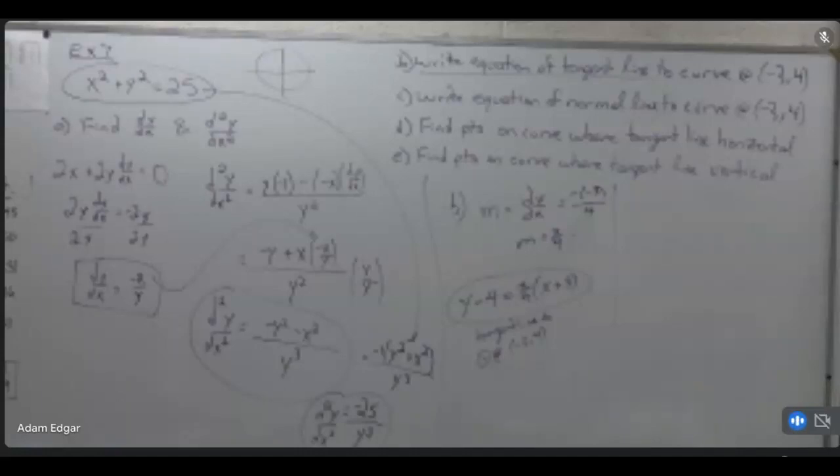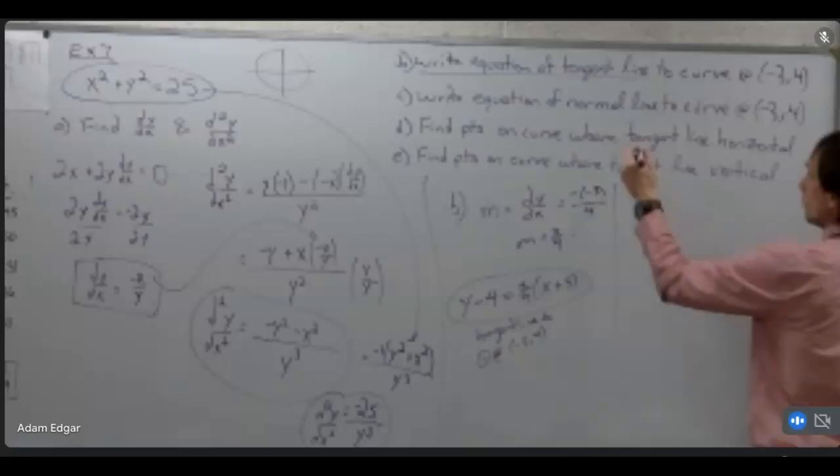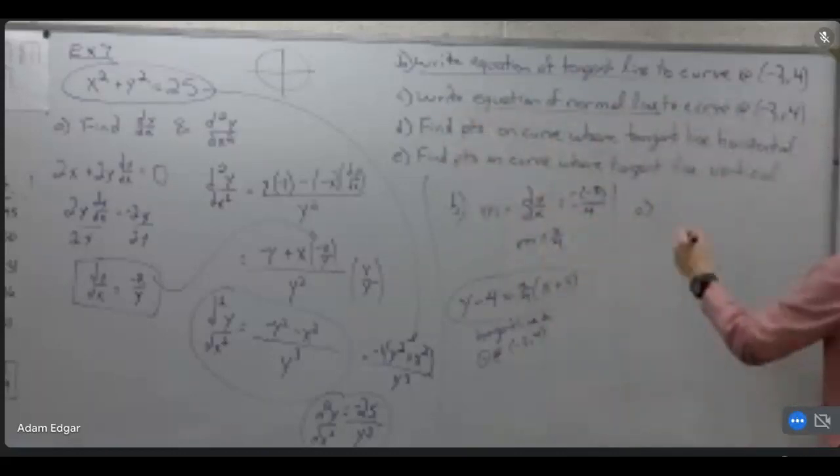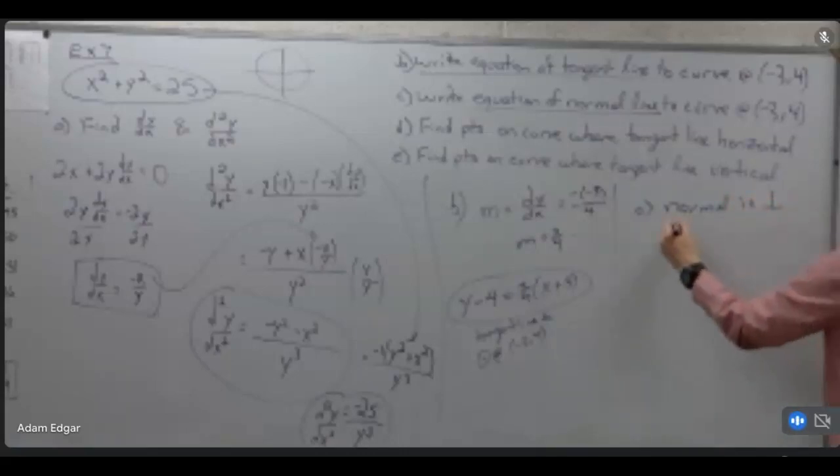In C, coming up with the equation of a normal line, what's the relationship of a normal line to a tangent line? They're what? I didn't hear actually. Perpendicular. So a normal line is perpendicular to a tangent line.